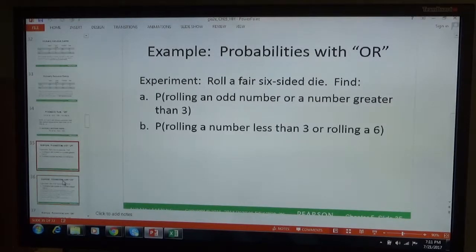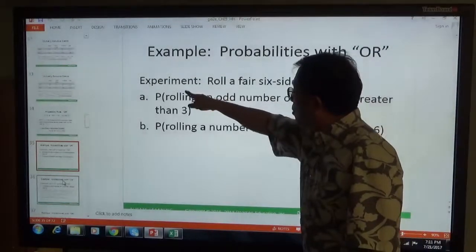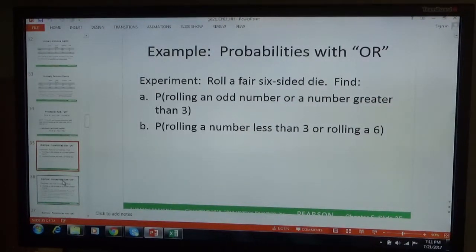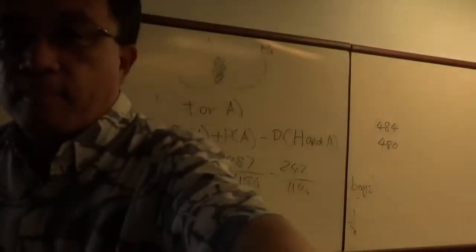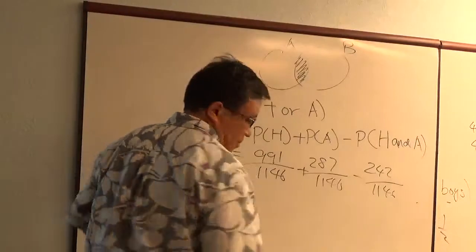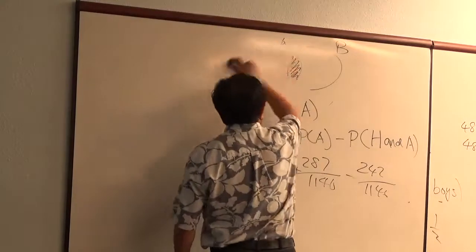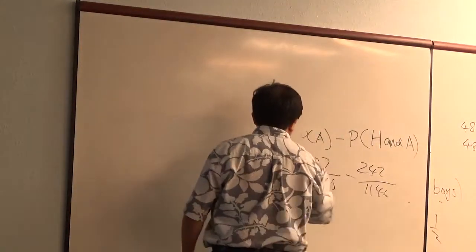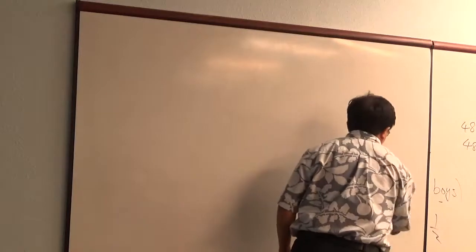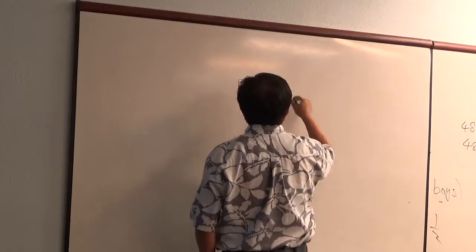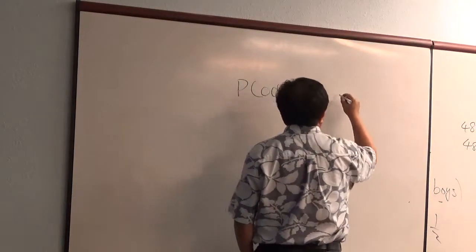So if that's the case, we need to calculate the probability of the odd number. Out of what? Oh, 6. So again, for this one, the probability of odd number or greater than 3.